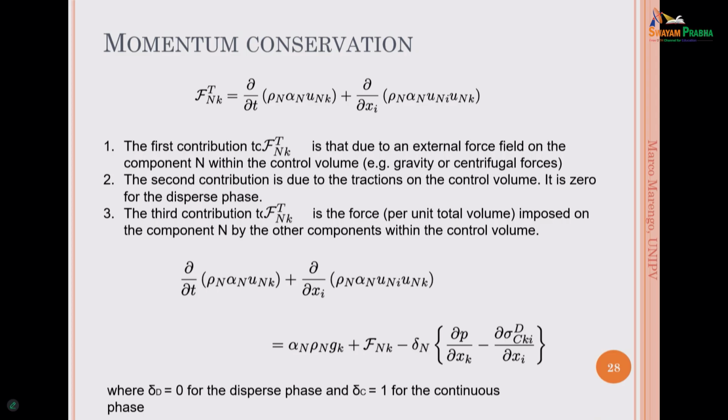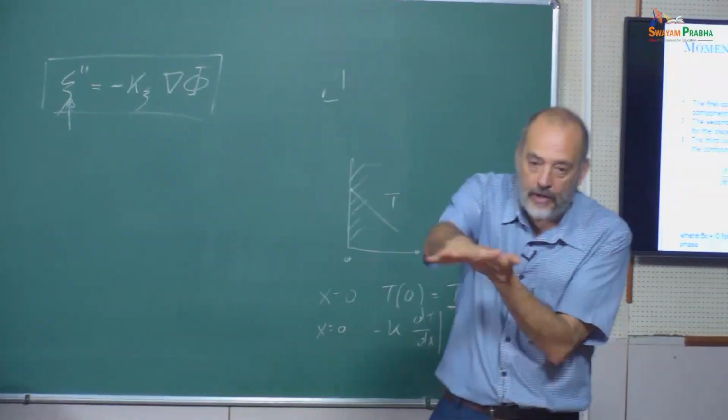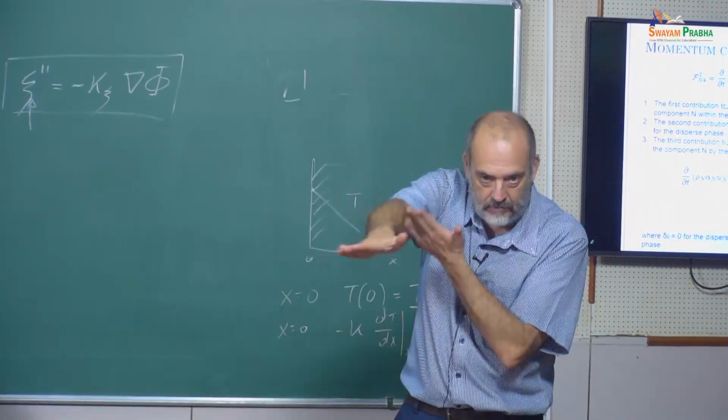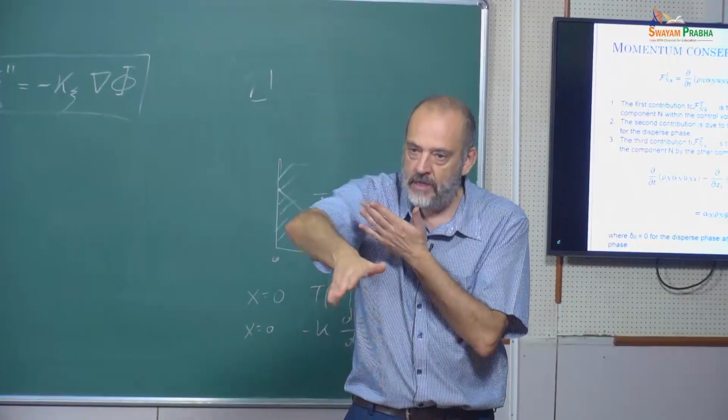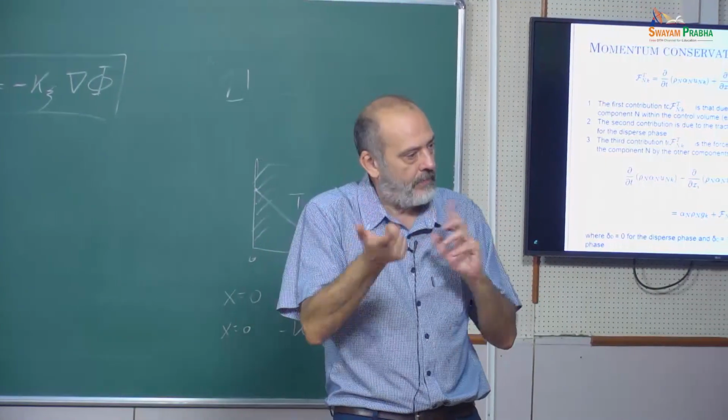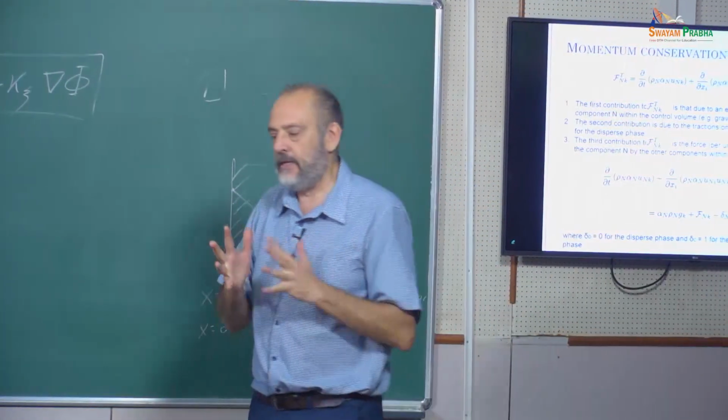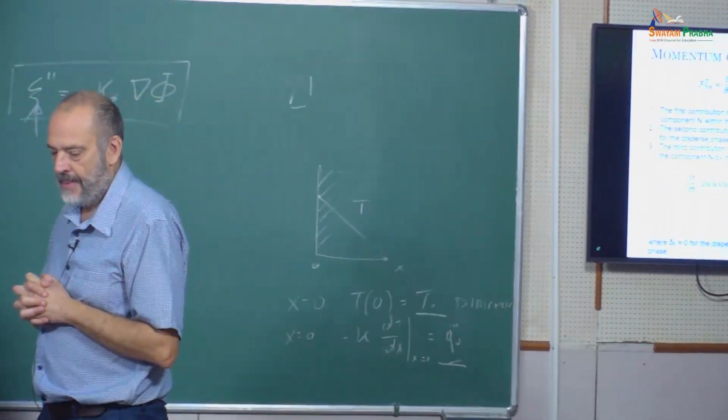The second contribution is due to the traction on the control volume. This is what happens when we have water and oil, and we have a shear stress due to the presence of one component with respect to the other.